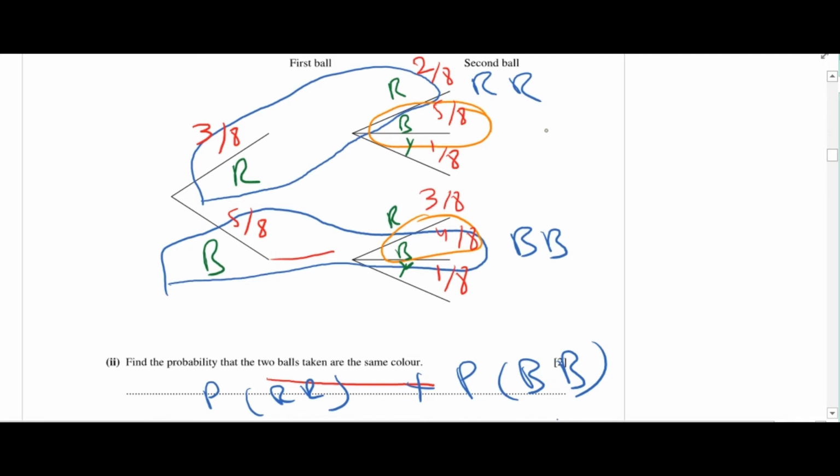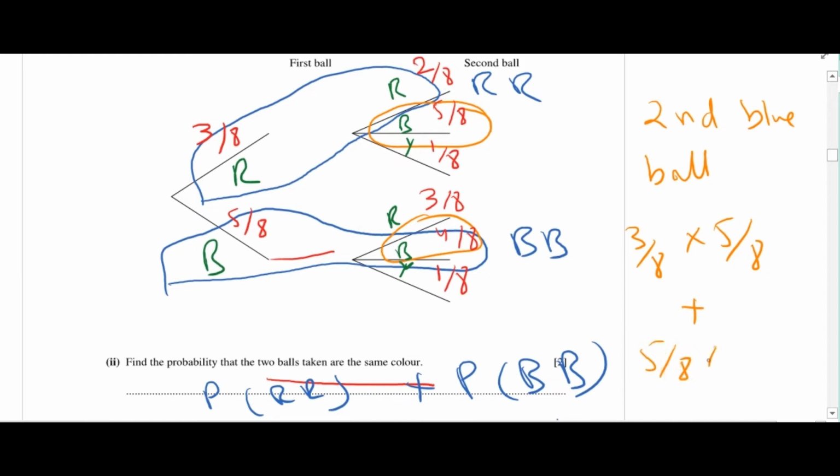This is my second ball which is blue, and this is my second ball which is blue. So the probability of getting the second ball blue is, let me write it over, second blue ball. That would become 3 by 8 times 5 by 8 plus 5 by 8 times 4 by 8.